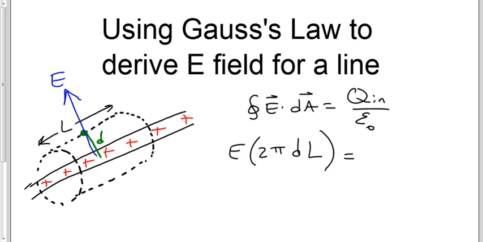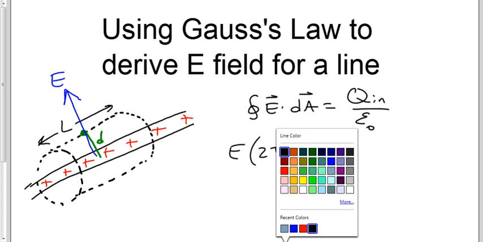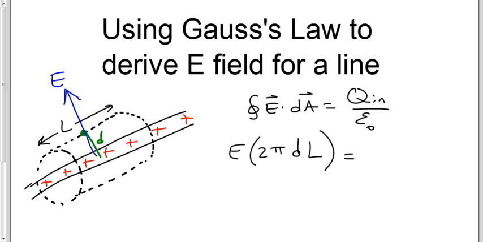Okay. What do we have on the right side? We have Q in. That means the amount of charge that's inside the Gaussian shape that we drew. Well, how much is that? It's an infinitely long line, so it's not like we can say there's a certain amount of charge on the line. But with lines of charge, we introduce a quantity known as the charge density, lambda. You will see that in a problem, and every source I've seen uses lambda the same way: the amount of charge per meter.